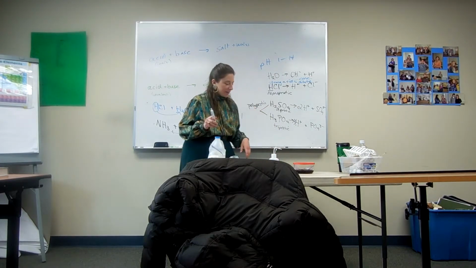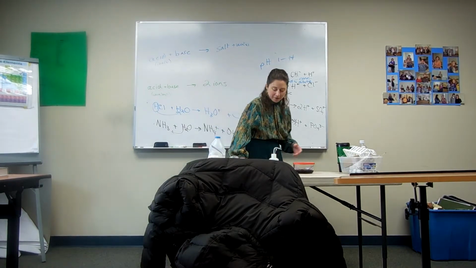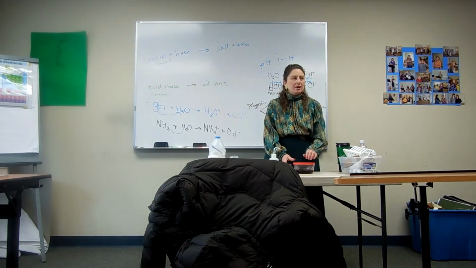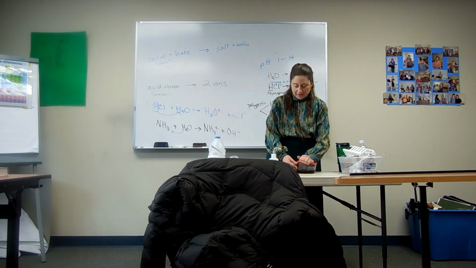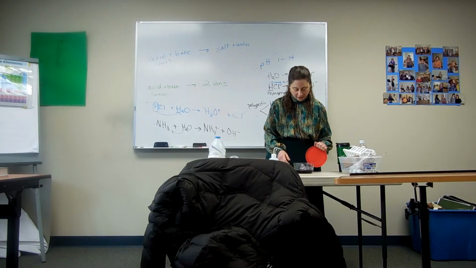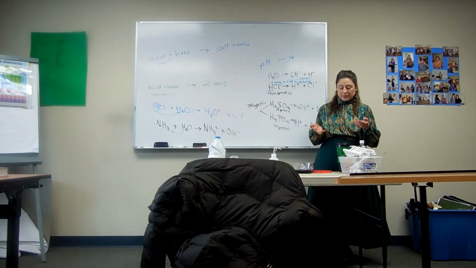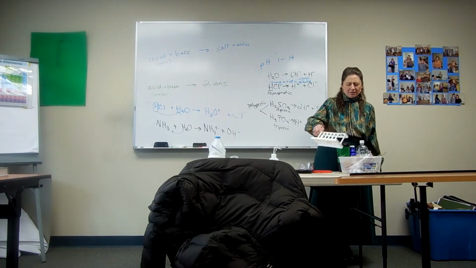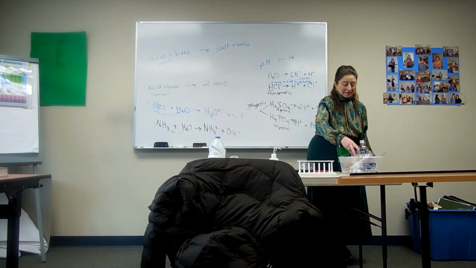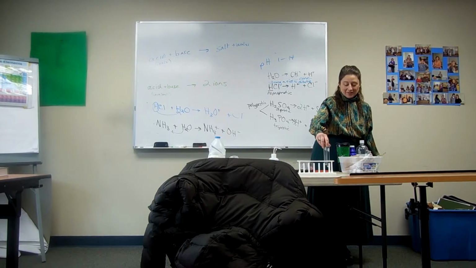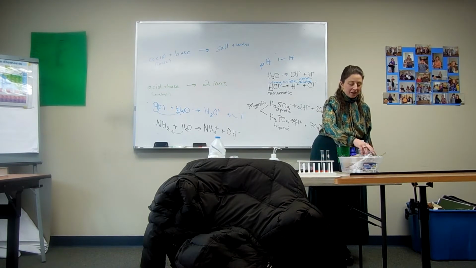Anyhow, indicators tell us what the pH is, and since we aren't really talking a whole lot about pH, we can tell if something's an acid or if it's a base. That's gross. It's really strong. I'm sorry if you guys aren't smelling it too.